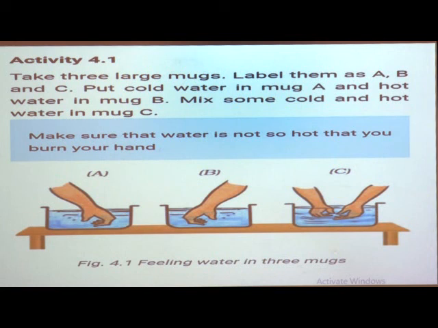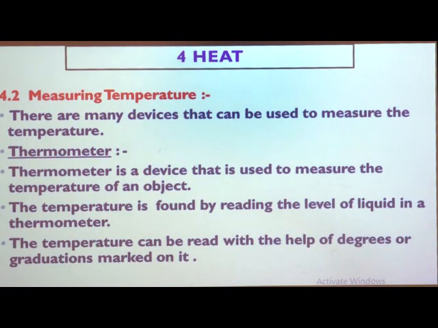So what do we have to do? There are different types of devices which are made to measure the hotness and coldness of objects. So we are going to know about these devices. Measuring temperature: there are many devices that can be used to measure temperature, because by touching and holding some objects in our hand, we cannot measure the exact temperature of those objects.